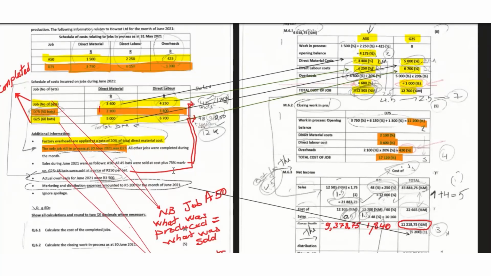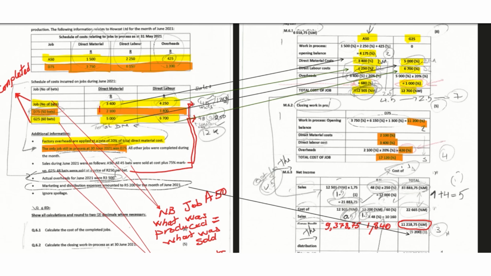We understand that all 45 bats were sold. Whatever was produced was sold, but this is not the case for G25. 48 bats were sold at a price of 250, so they did not sell everything that was produced in June.